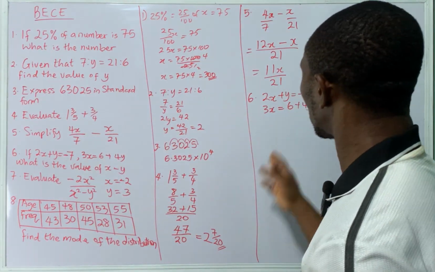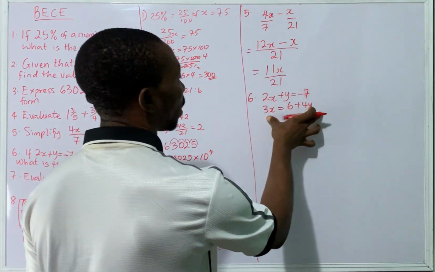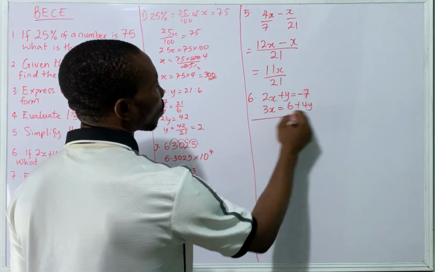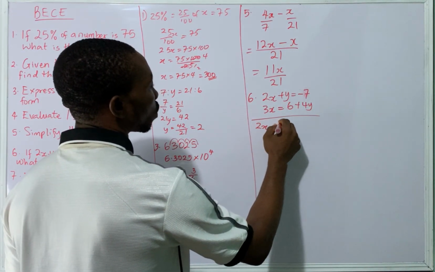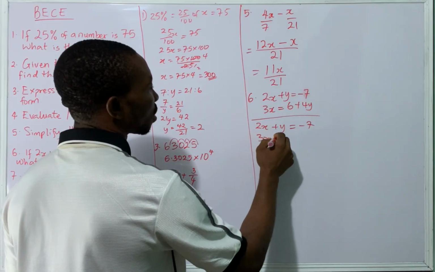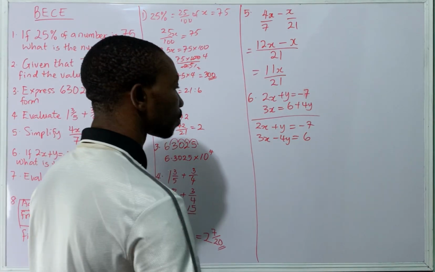Okay, in order to solve this simultaneously, we'll first have to make it look alike. So this becomes 2x plus y equals minus 7 and 3x minus 4y equals 6.